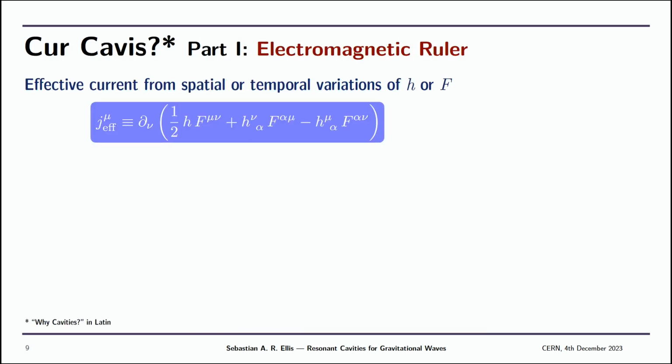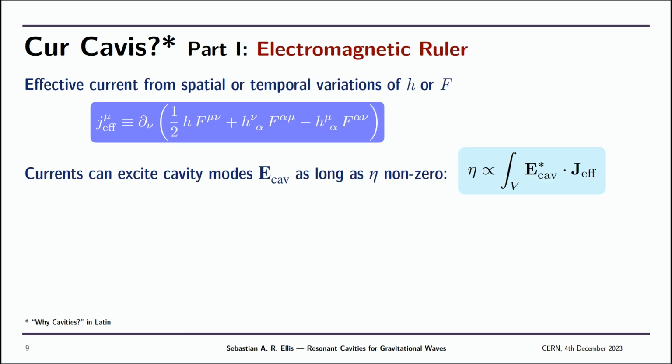Okay, so to go into a little bit more detail than that, one thing that one has to do is compute something like this eta parameter, which is what I would call an overlap factor, which is basically saying if I have some spatial part of my J effective, so J effective is written in that little blue box up there, and I have some cavity mode, I can do some decomposition of cavity modes into a set of orthonormal modes.